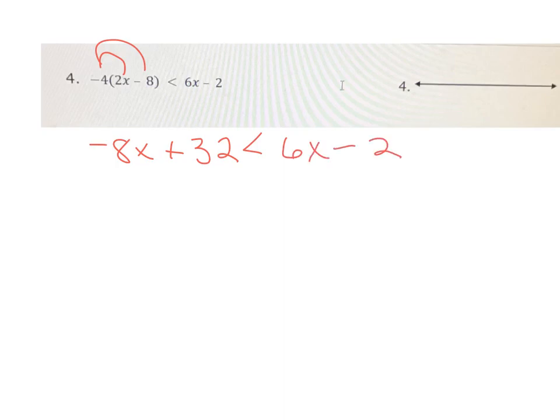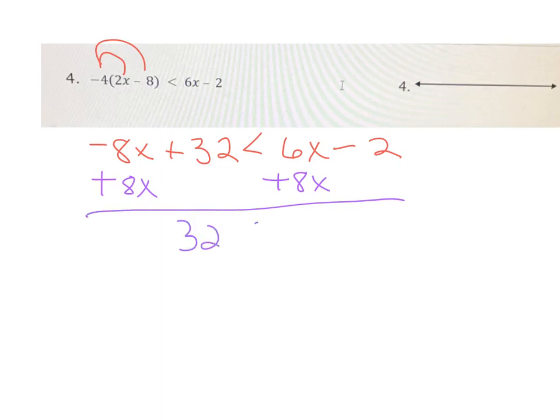I don't have any combining like terms, but I do have variables on both sides. This time, just for something different, I'm going to take my variable to the right instead of the left. Totally out of my comfort zone, but I can do this. Since it's -8x, I'm going to add 8x to both sides, and I get 32 is less than 14x minus 2.